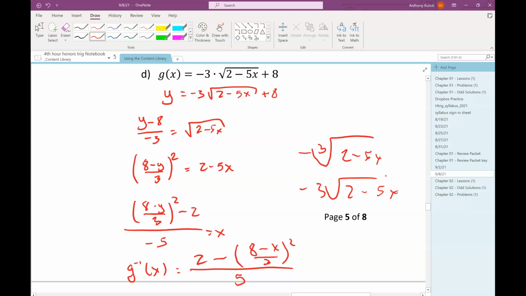So I put the multiplication dot in there so you couldn't confuse it as a negative cube root instead of negative 3 times the square root. Is that okay? Yeah. So just me trying to be more clear so you weren't confused and then in turn confusing you.